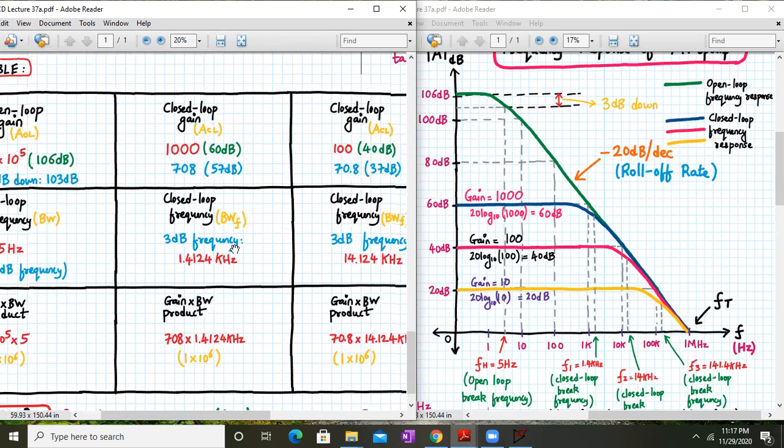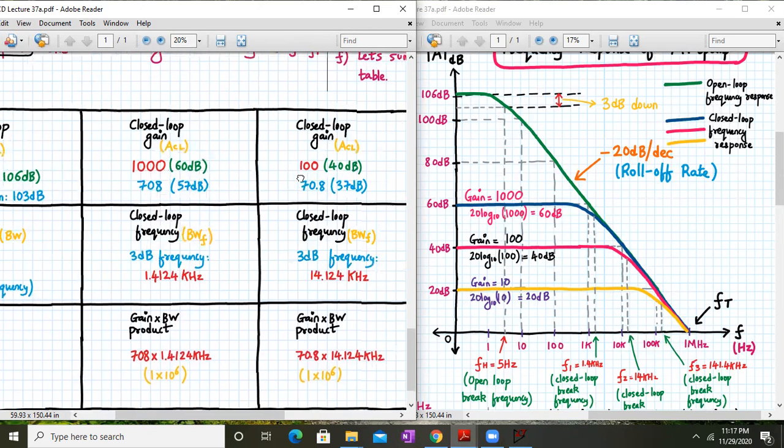Yeah, so let us check that out now. The closed loop gain over here is 1000, that means it is 60 dB, and at 57 dB it will be 708. So basically we are justifying how we got this 1.41 kilohertz, right?